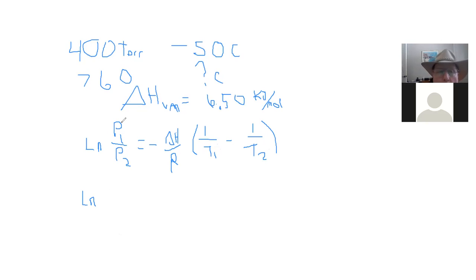If you put the 400 there, the key is that the temperature associated with that pressure has to go in the first position. And the pressure you're dividing by has to be associated with the temperature in the second position.